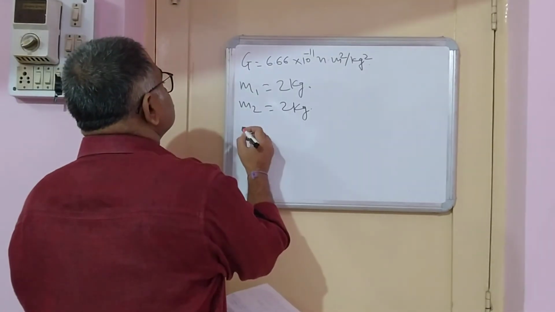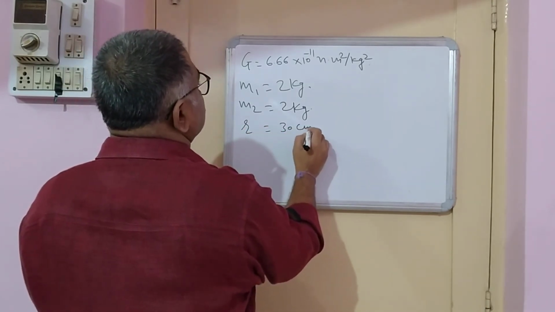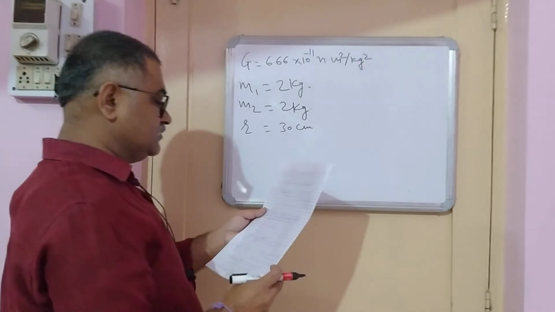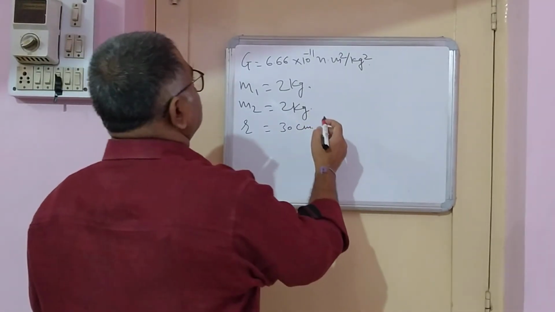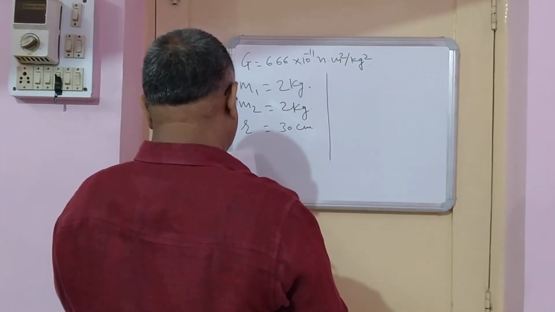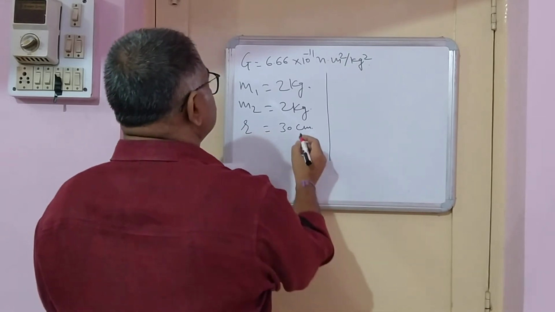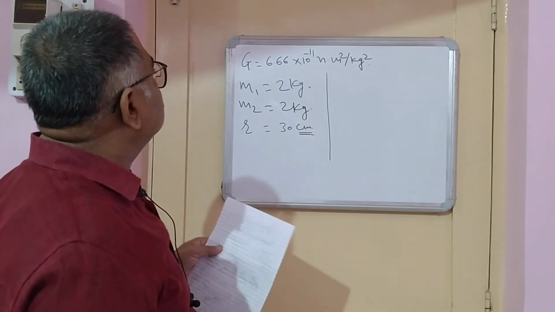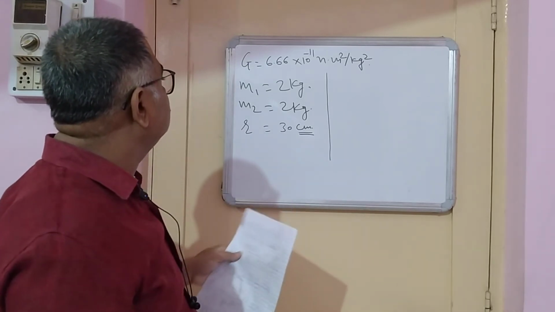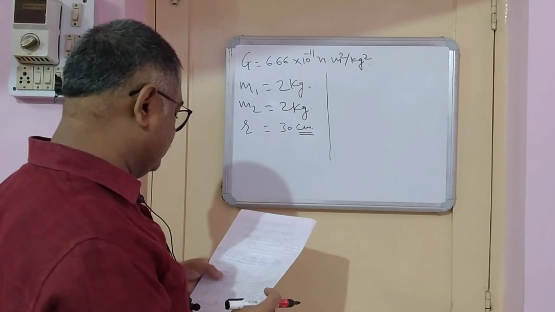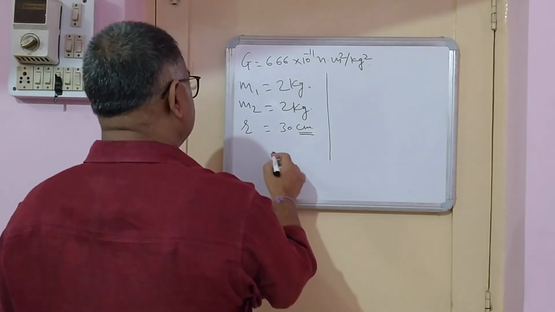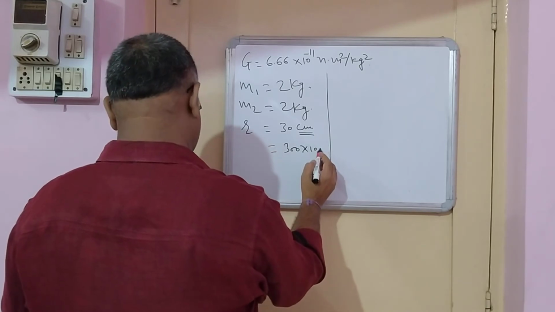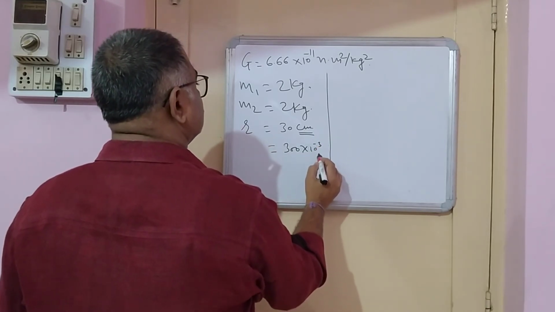All these are in SI, meaning MKS. Now we have to convert this unit to meter, so 30 centimeter means 300 multiplied by 10 raised to minus 3 meter.